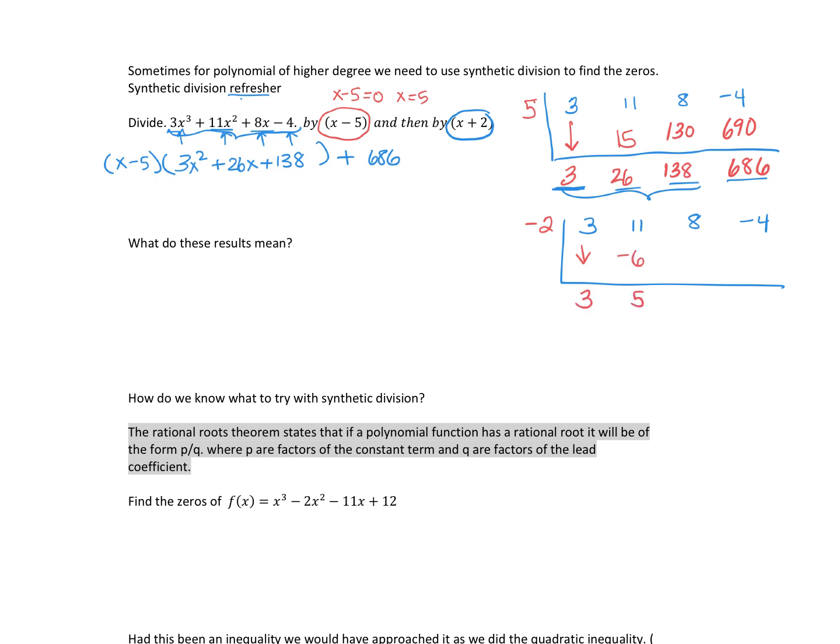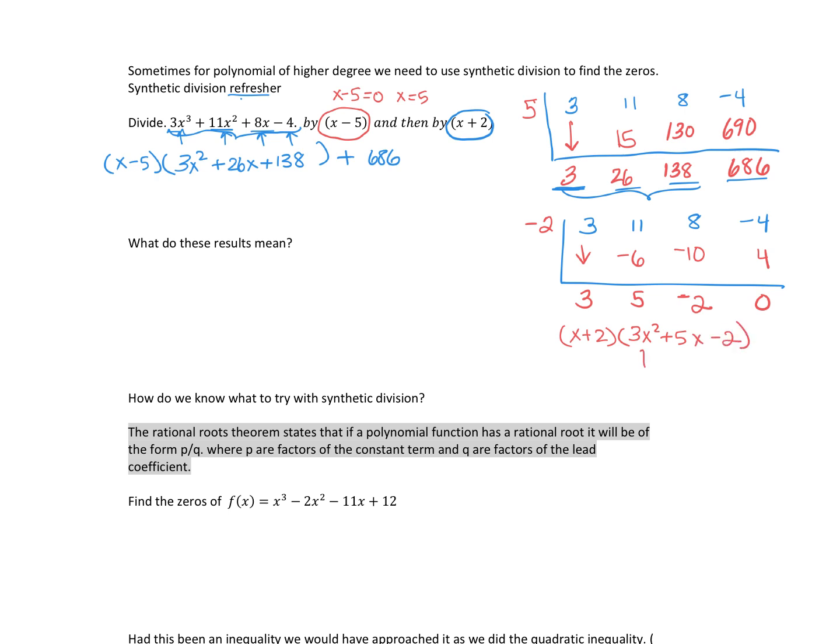That gives me 5. -2 times 5 is -10. Adding, we get -2. -2 times -2 is 4, and adding, we get 0. So in this case, we have the factors x plus 2 and 3x squared plus 5x minus 2.